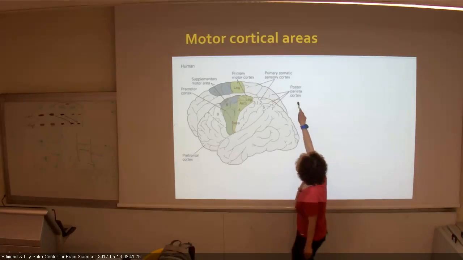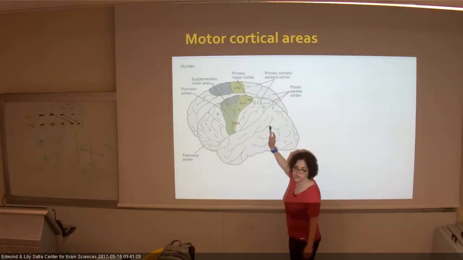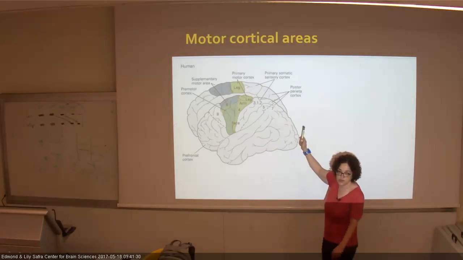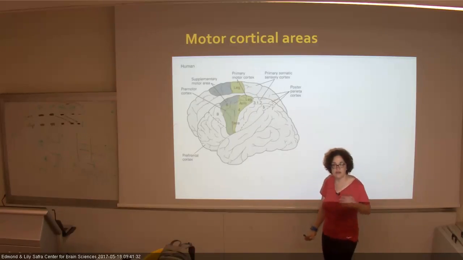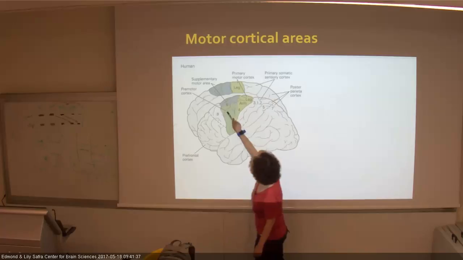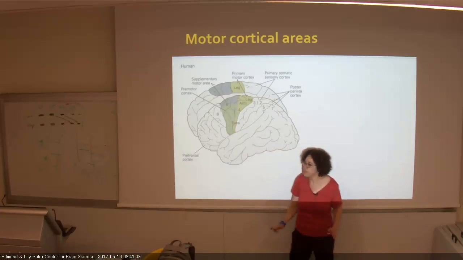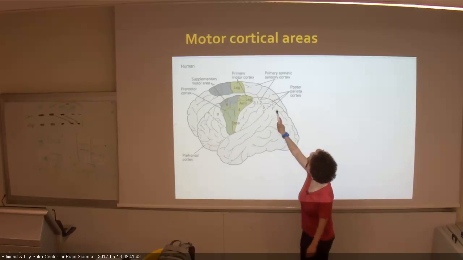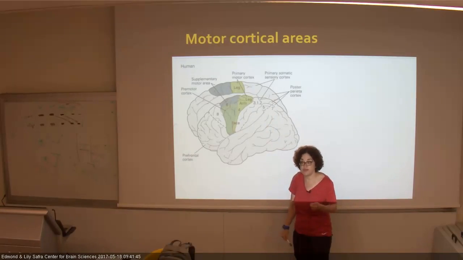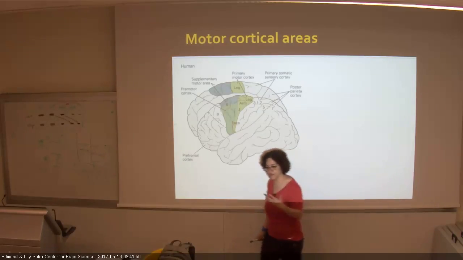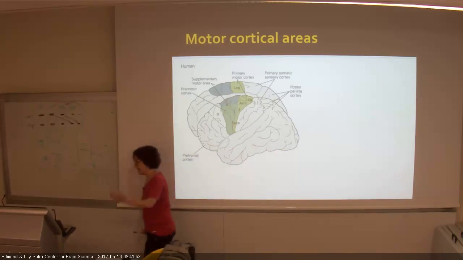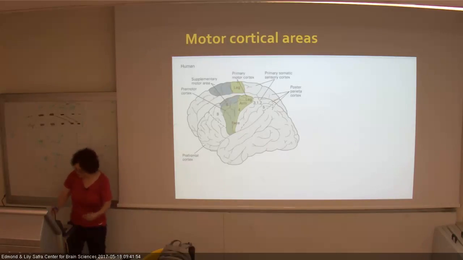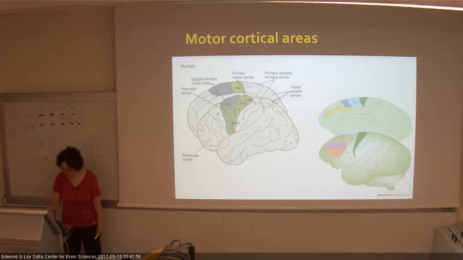And there is the posterior parietal cortex, areas 5 and 7, that are very important in coordinating reach and grasp, and they send direct information to the premotor areas. So these are the classical motor areas, but we consider areas 5 and 7 also to be visuomotor areas, visual areas related to movement, reach and grasp.